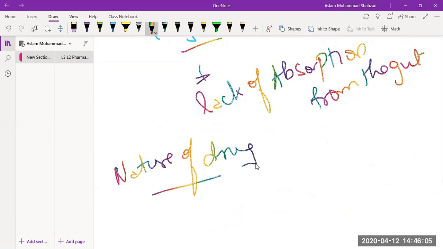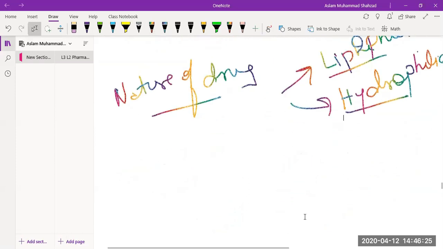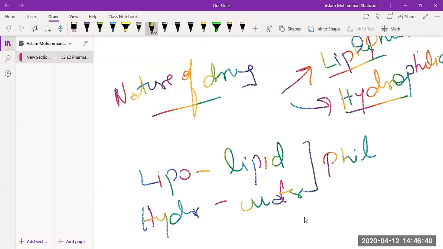There are some drugs that are lipophilic, and some drugs are hydrophilic. Lipophilic and hydrophilic, in simple terms, I can divide: lipo means lipid, hydro means water, whereas philic means attraction.